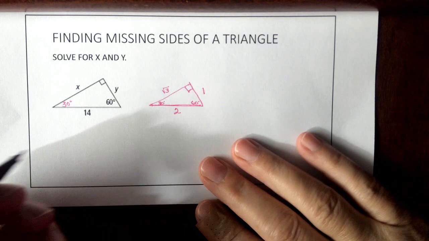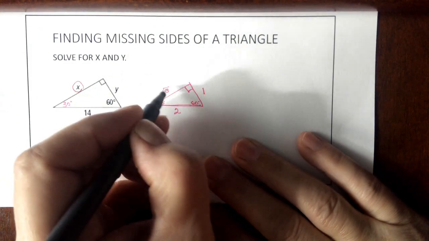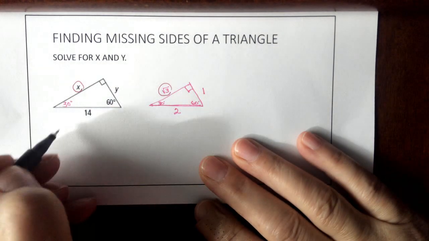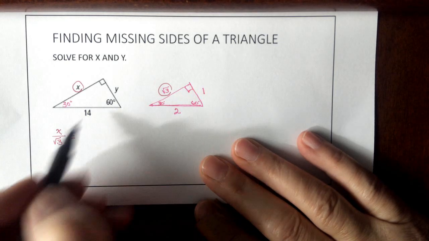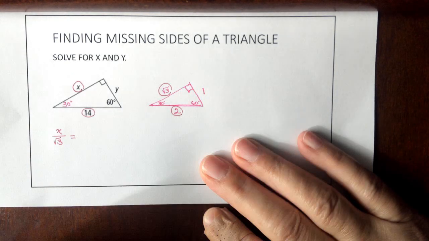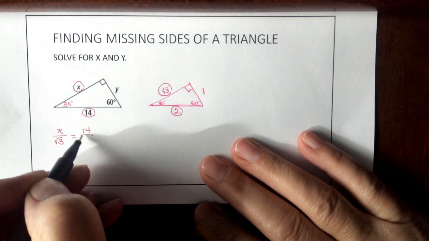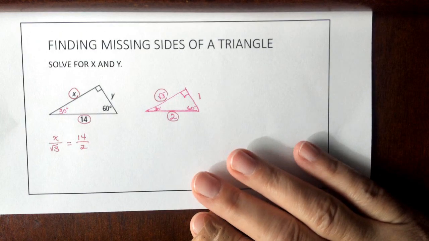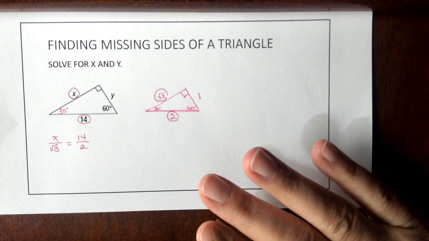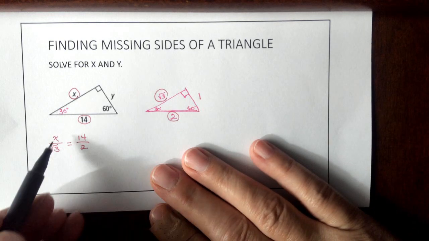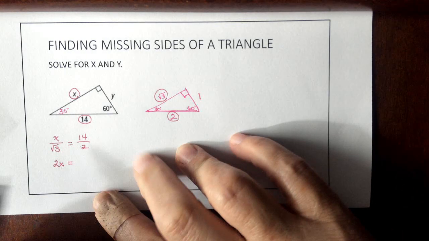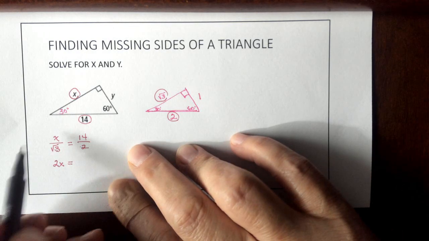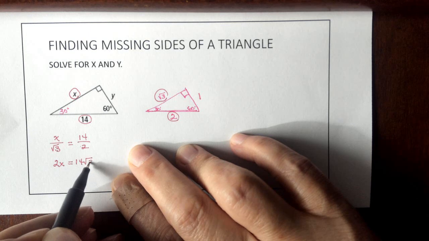So I'm going to do x first. X corresponds to radical 3. So x is to radical 3 as 14 is to 2. There's a little more work to do on this one. When we cross multiply, we get x times 2, which is 2x. In the other direction, 14 times radical 3.